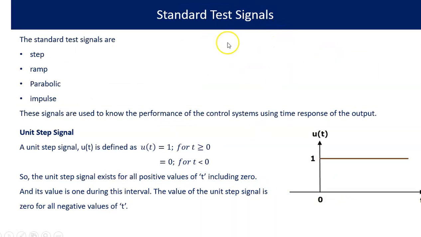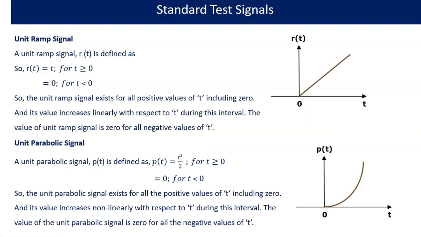Now the standard input signals are step, ramp, parabolic, impulse, etc. Unit step signal, as we all know, has a value of 1 when time t is greater than or equal to 0, and equal to 0 for t less than 0. It is represented like this, and its Laplace transform is 1 by s.